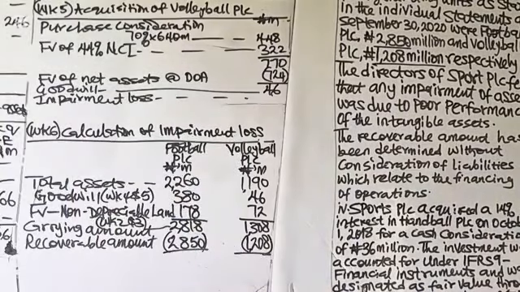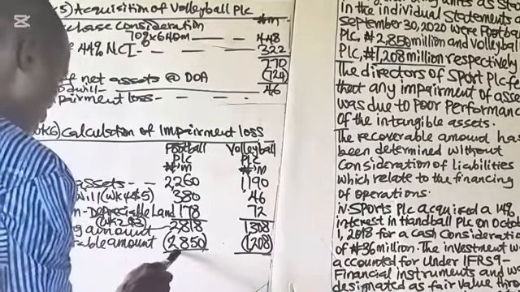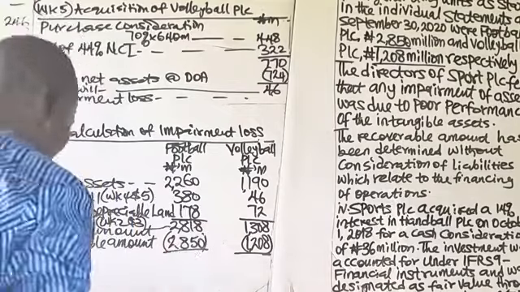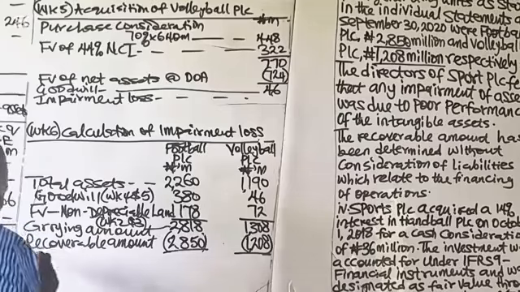So if you compare the recoverable amount of football, 2,850 is greater than 2,818. So it means football was not impaired.